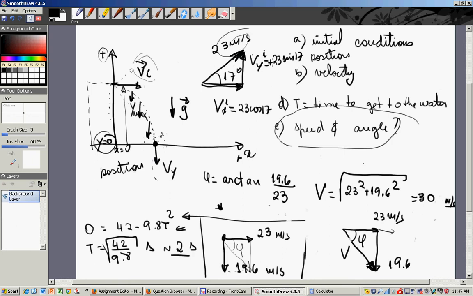Your initial velocity in y will be different. Your initial velocity in x, in this case, is 23 cosine 17. And in my example, the initial velocity in y is positive 23 sine of 17. And if I had flipped this vector, pointing downward, now your initial velocity in y would have a negative sign.